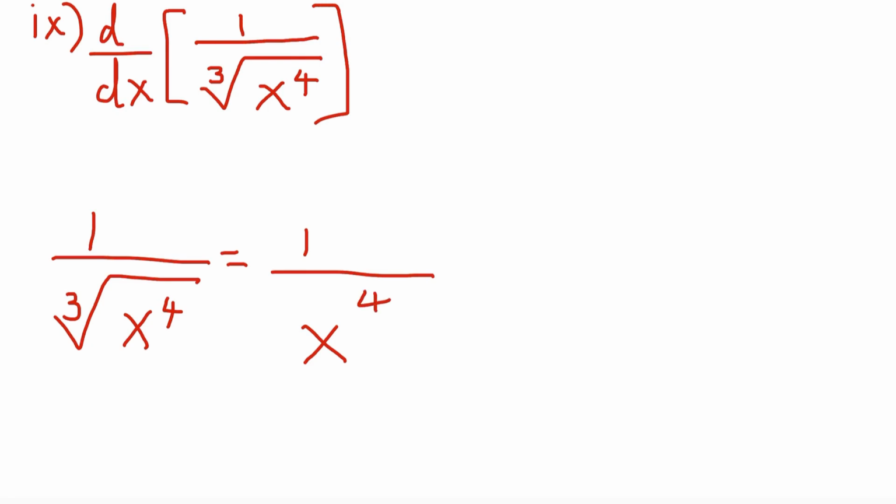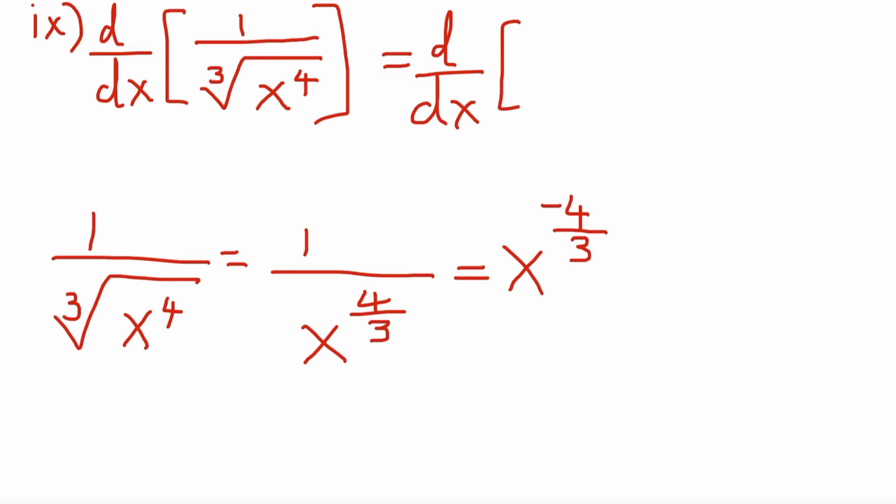Then we get 1 over the third root of x to the power 4 as 1 over x to the power 4 over 3, that is the exponent. Again, for the power rule, we have to bring the function to the numerator. Then we get x to the power negative 4 over 3, that's the function.